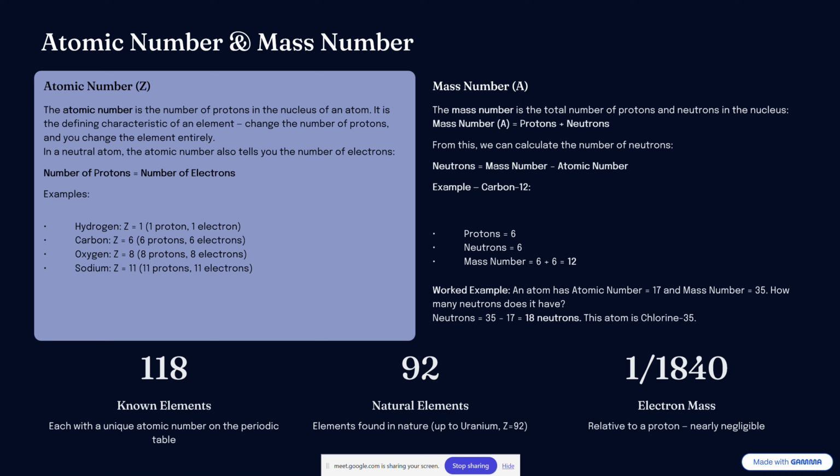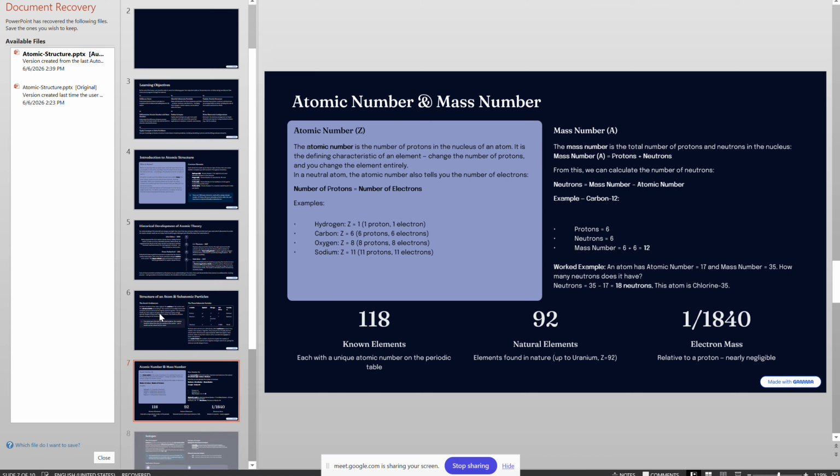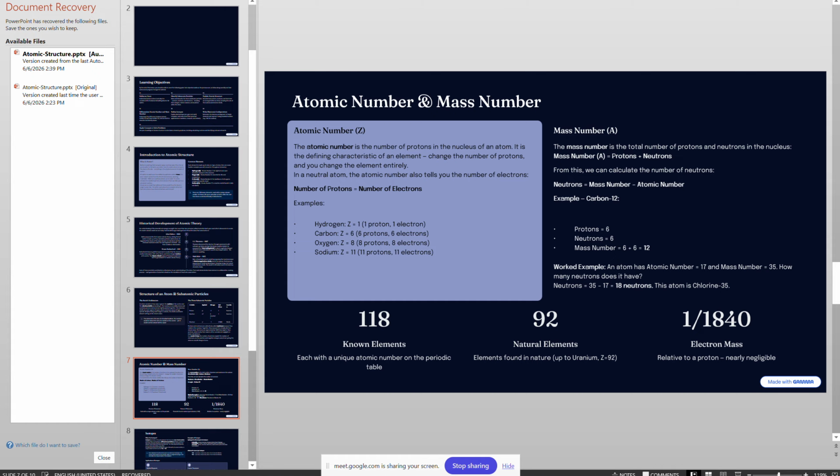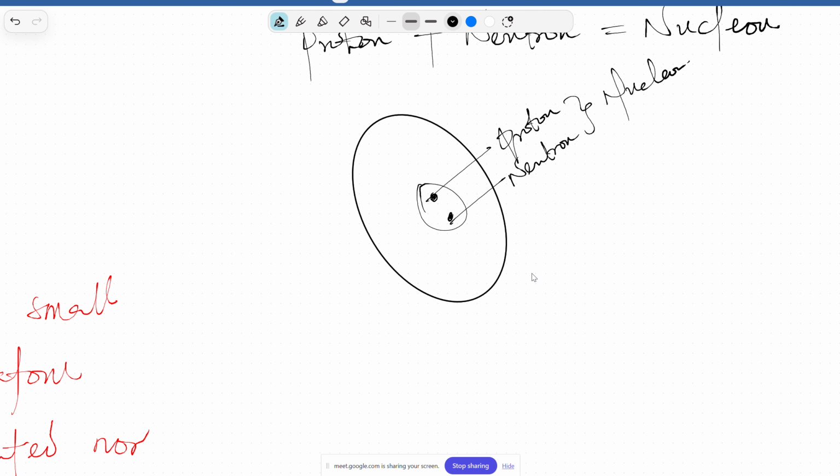Which means that hydrogen, for example, has just one proton. So since the proton number is 1, you expect the atomic number to also be 1. Can you still hear me? Yes, sir.